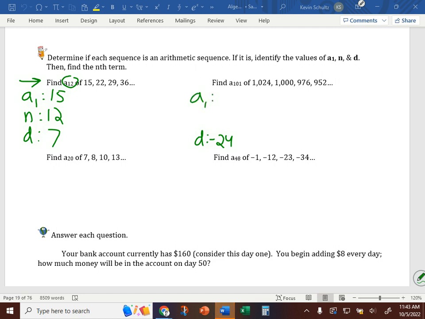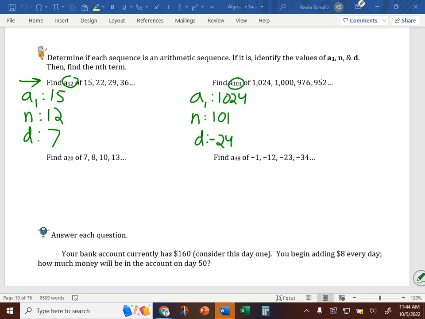Our first term, 1,024. The number of the term we want, 101. And that comes from this information right here. Find the 101st term of the arithmetic sequence. That's what the A stands for, arithmetic. So we just have to find those three things and go to the next problem.